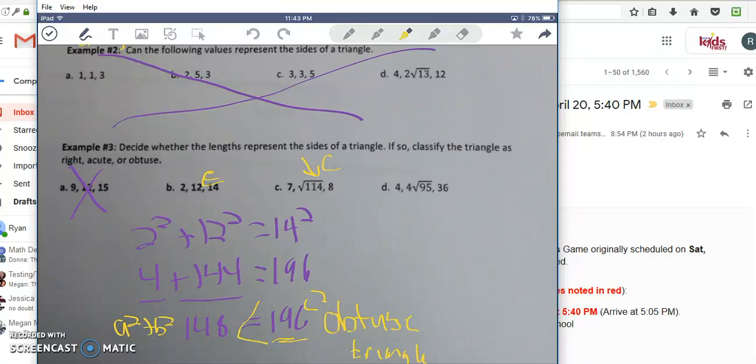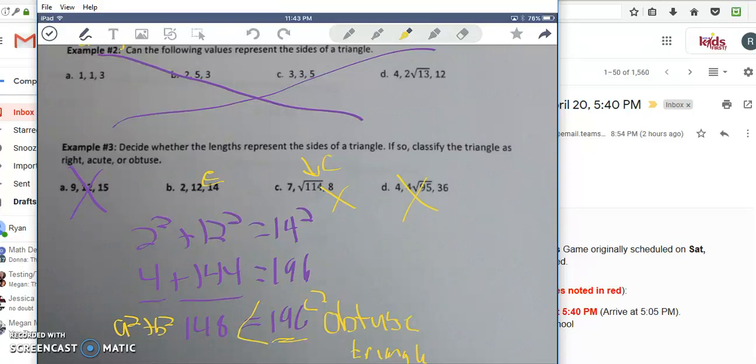Even though it's listed second in your problem, you have to determine which one is going to be the biggest one before you start anything. Just because you have the list of numbers doesn't mean they're always in least to greatest form. You have to figure out which one the c is by maybe doing some calculations. But we're not going to go over those, and typically we're going to be done.